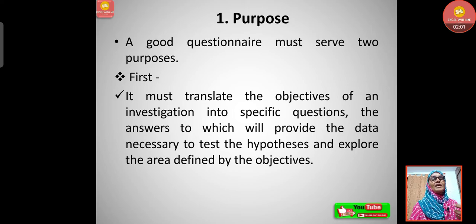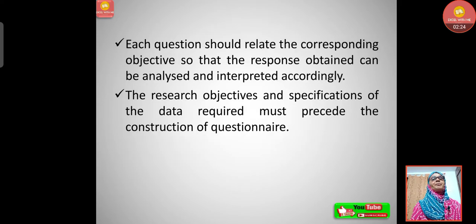Whatever results we get, we will test those results, and also test the hypothesis with them. So whichever investigation we are doing related to specific questions, whatever the answers may be, they will provide the data necessary to test the hypothesis.